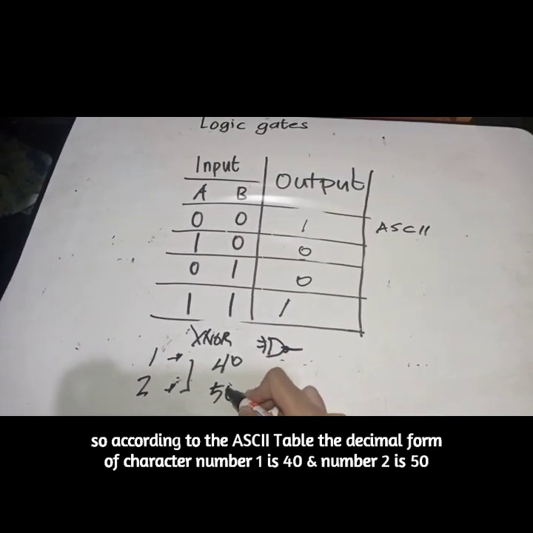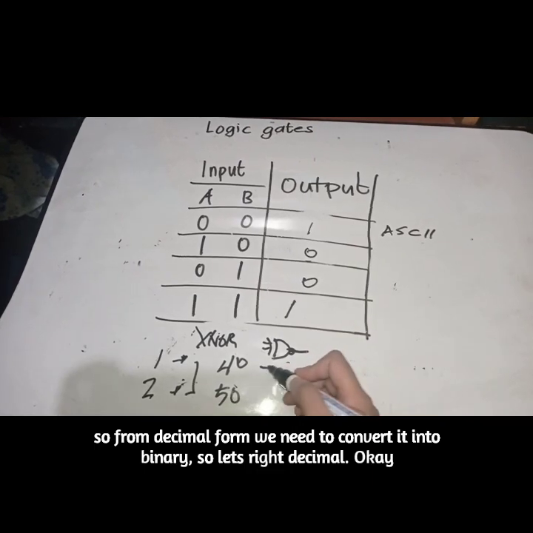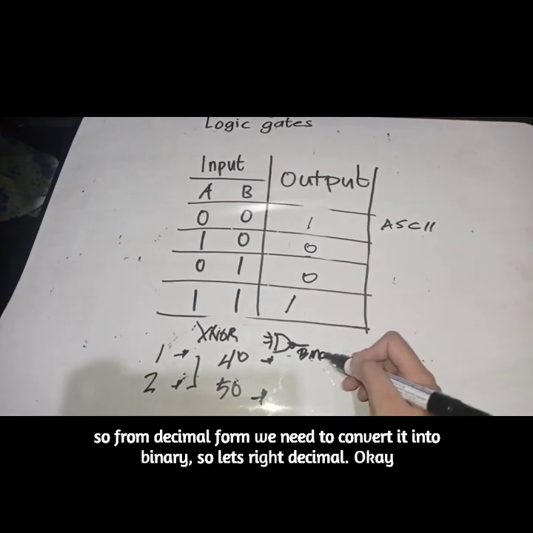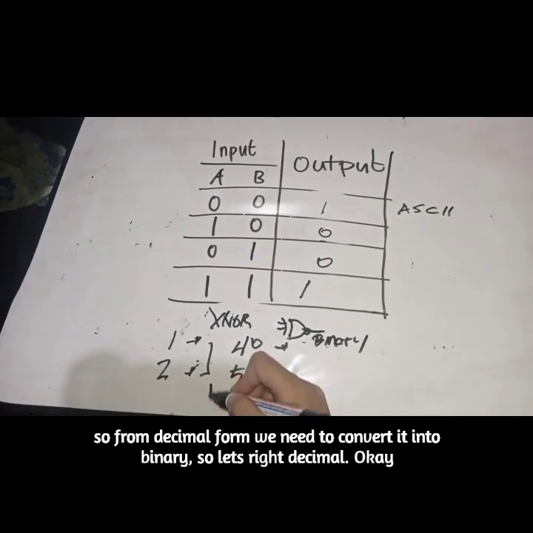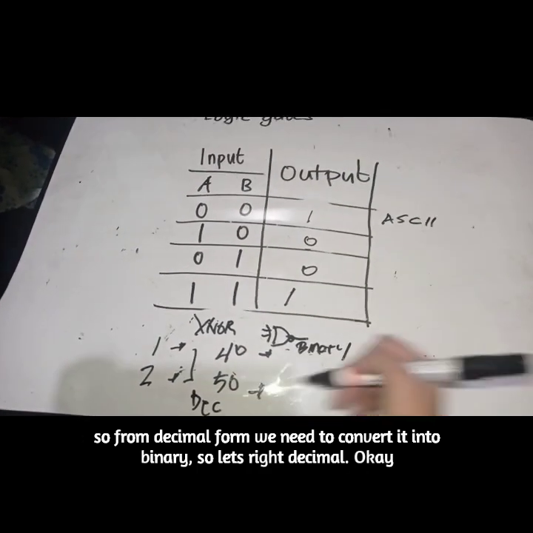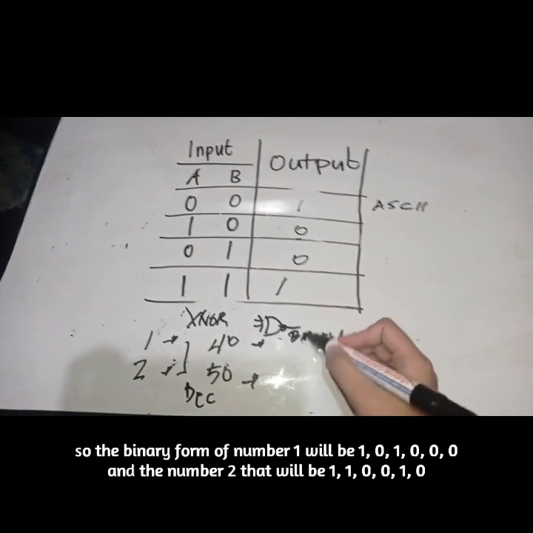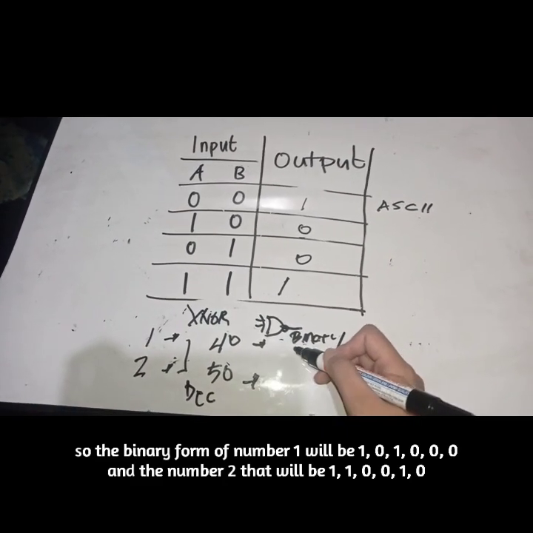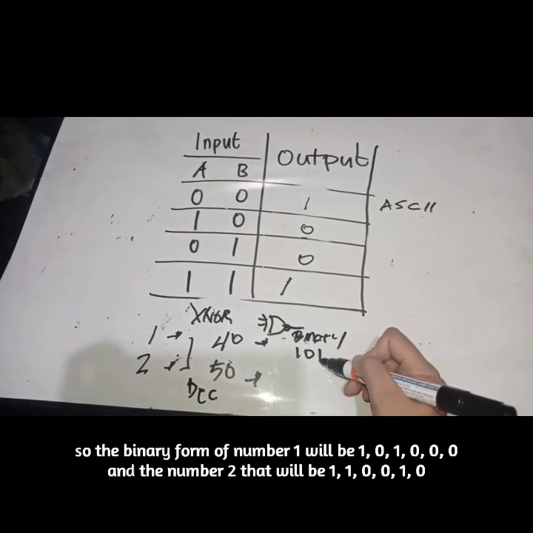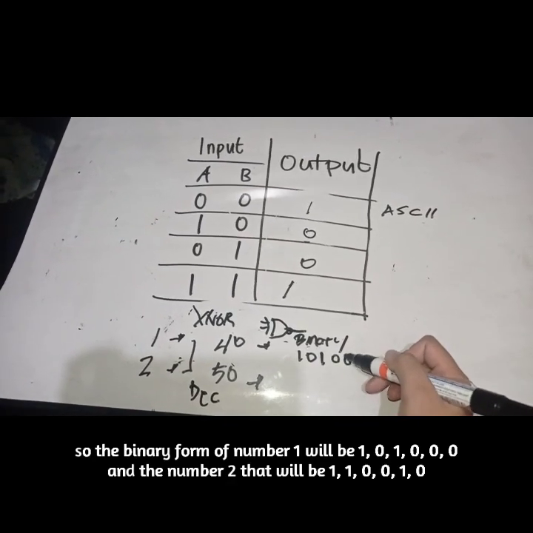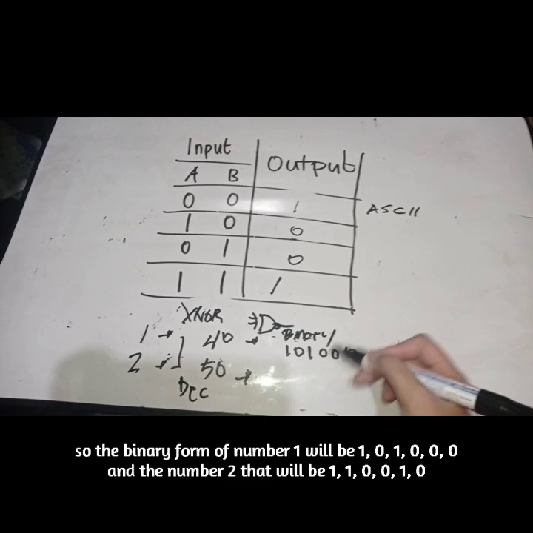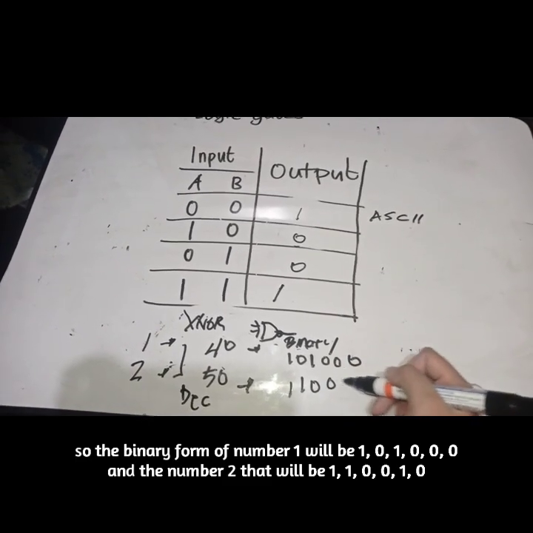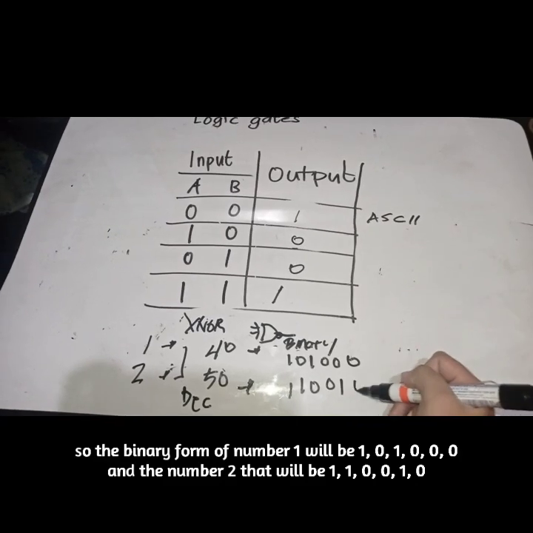and the number 2 is 50. So from decimal form, we need to convert it into binary. So let's write decimal. Okay, binary. So the binary form of number 1 will be 1 0 1 0 0 0. And the number 2 will be 1 1 0 0 1 0.